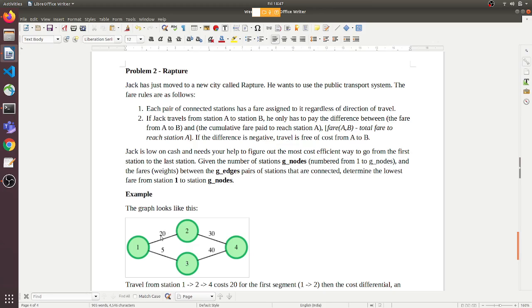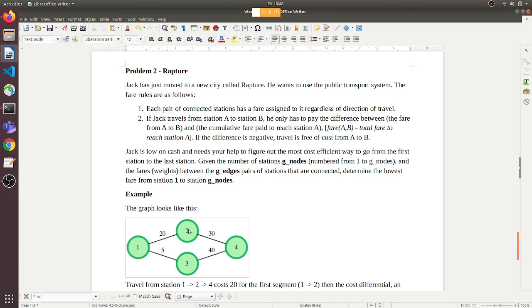If on the other hand it were, let's say, 10 here instead of 30, if the edge 2 to 4 were 10, then the cost of going from 1 to 2 would be 20. And then the rule says that the cost from 2 to 4 is the fare of 2 to 4, which is 10, minus total fare to reach 2, which is 20.